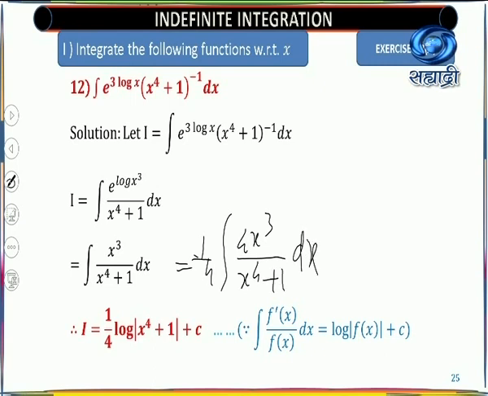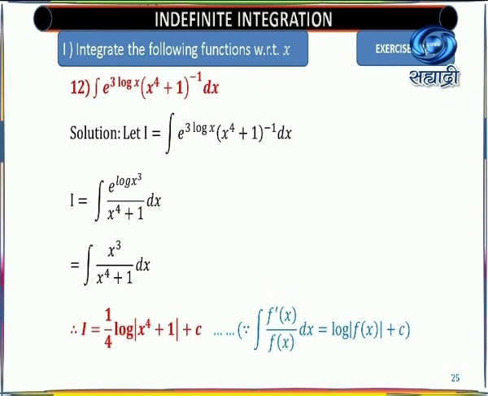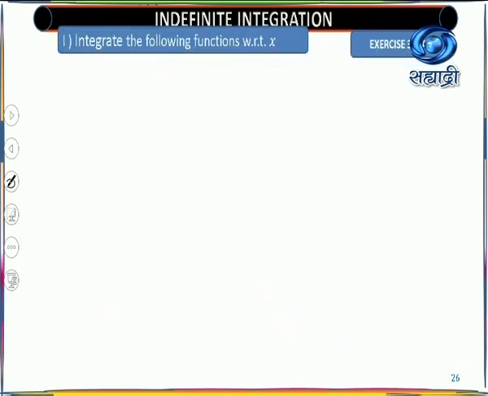Then only you are able to use this formula, that is integral f dash of x upon fx equal to log of mod fx, and hence you will get 1 upon 4 log mod of x raised to 4 plus 1 plus constant of integration. Okay, this way we are finished with example 12. Now we will continue with the examples.